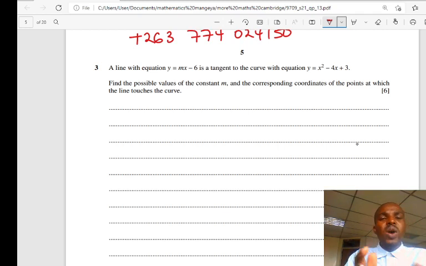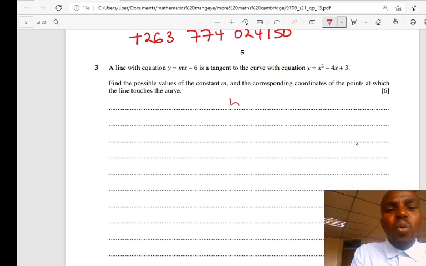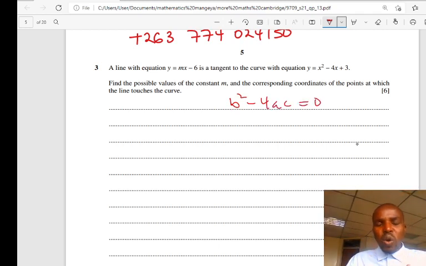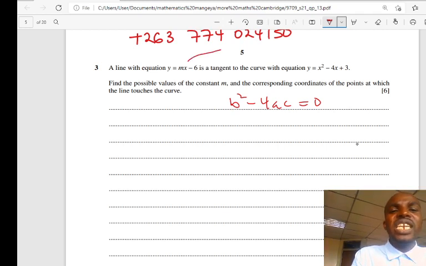So if there is only one real root, then it means b squared minus 4ac must be equal to 0. It's a tangent, only one point of intersection. That's the first part. Then the other thing, to find the coordinates of the points of intersection, equate the equations of the line and the curve. So you solve them as simultaneous equations.